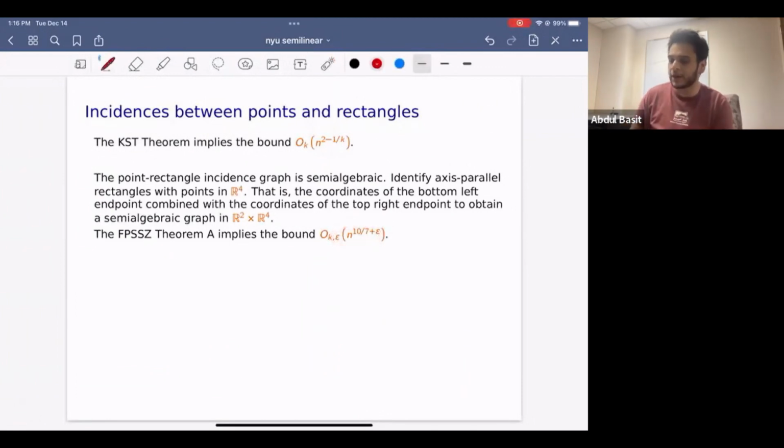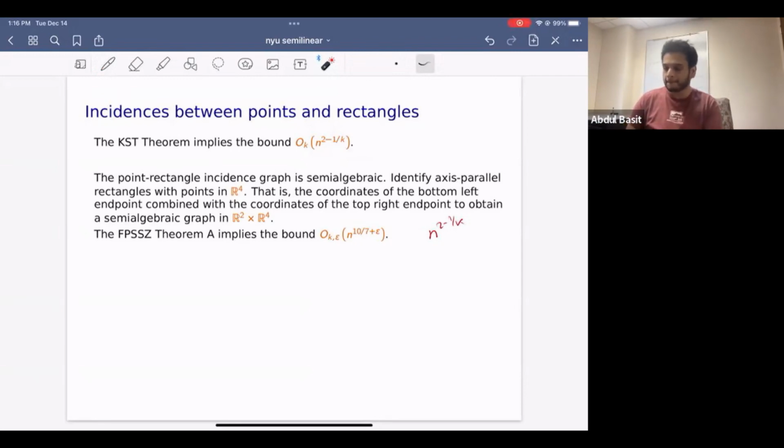So you can already do a lot better. The last thing we had was n to the 2 minus 1 over k, with the exponent dependent on k, but now we basically have a fixed exponent for R^k.